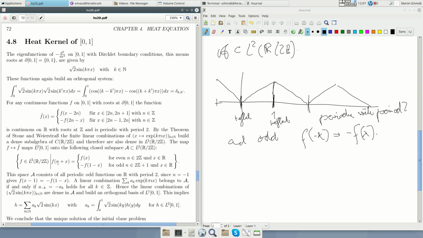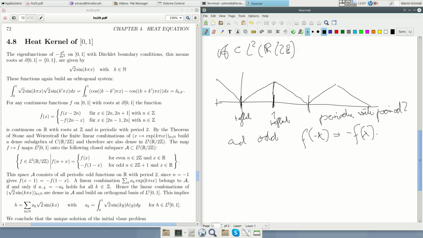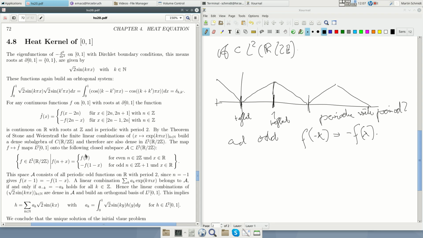And f(1+x), if you insert -1, is -f(1-x). So there you see it's odd. Also here we get a negative, and then since we continue periodically, it's totally an odd function. So this space contains all odd functions with period 2.